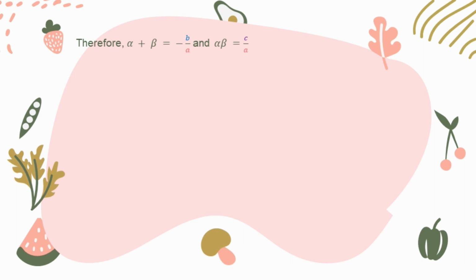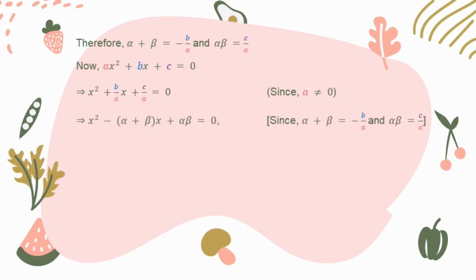And now we get some formulas. First, x squared plus b by a x plus c by a equals 0 since a is not equal to 0. And then x squared minus in parentheses alpha plus beta x plus alpha beta equals 0, since alpha plus beta equals minus b by a and alpha beta equals c by a. In here, alpha plus beta is the sum of the roots, and alpha beta is the product of the roots.